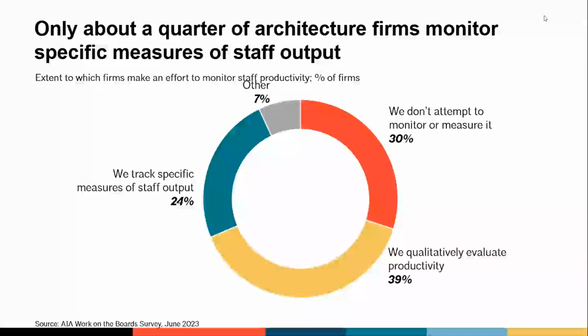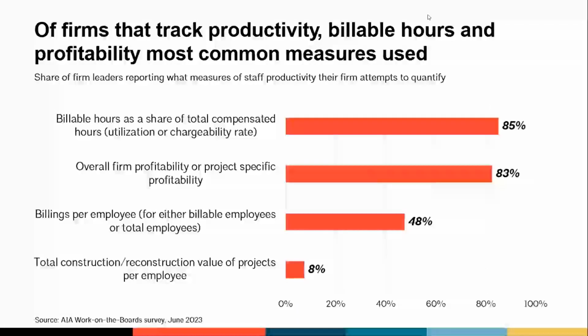So the fact that a third of our profession doesn't monitor anything related to productivity means we don't know how to improve what we don't know. Of those that do, we asked how they are measuring productivity, and it's billable hours in terms of the utilization rate.